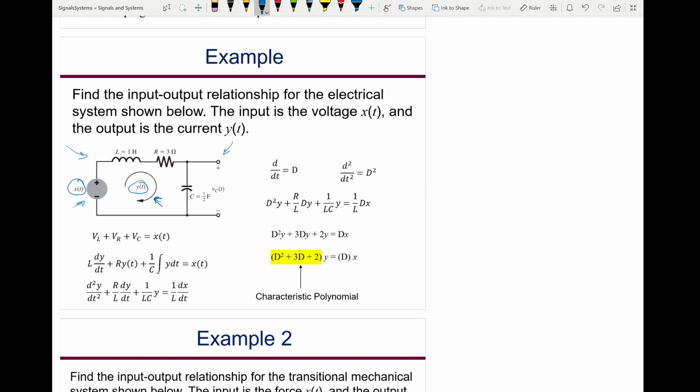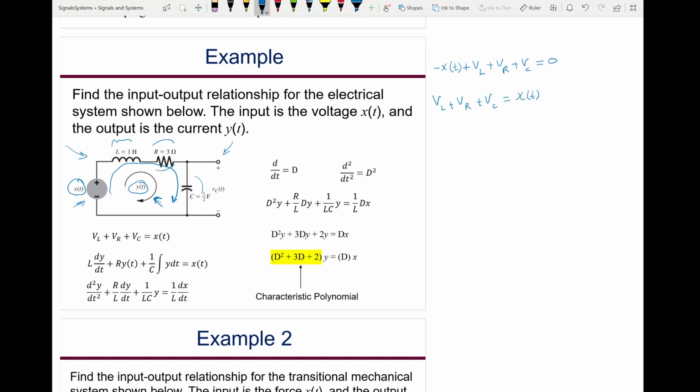If we write KVL going in this direction, I'm going from minus to plus, so that's minus x of t, plus the voltage across the inductor, VL, plus the voltage across the resistor, VR, plus the voltage across the capacitor, VC, equals 0. That's KVL. So I can rewrite this as VL plus VR plus VC equals x of t.